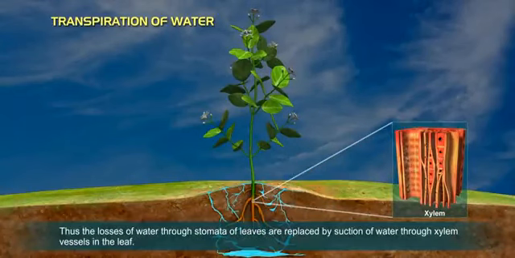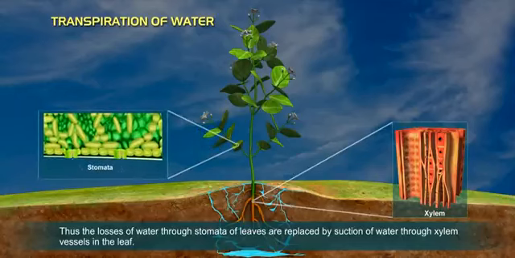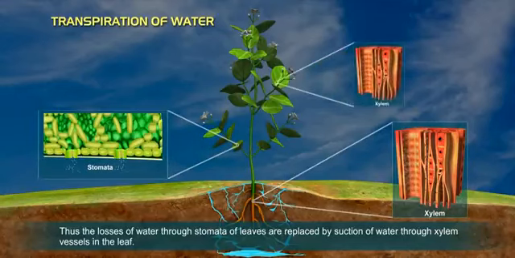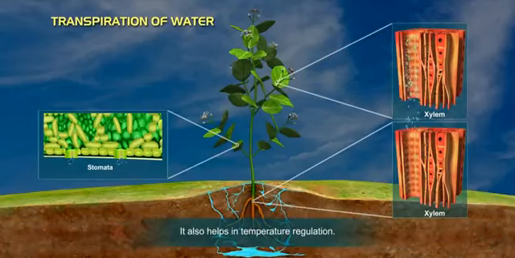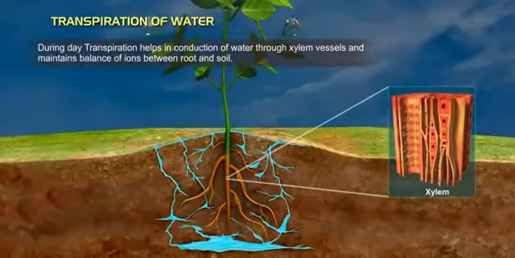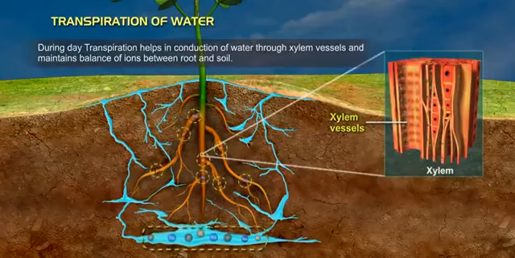Thus, the loss of water through stomata of leaves is replaced by suction of water through xylem vessels in the leaf. It also helps in temperature regulation. During the day, transpiration helps in conduction of water through xylem vessels and maintains balance of ions between root and soil.